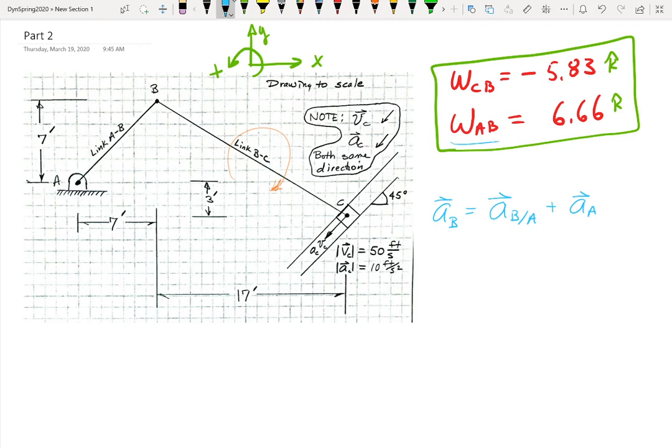We also know for this particular link that that value is in fact 0. So the acceleration of B is equal to the acceleration of B relative to A. So this is if you're sitting on A, looking out there at B. All you see it doing is rotating around you.